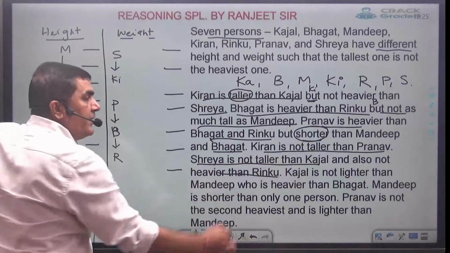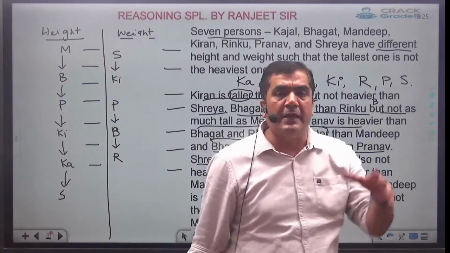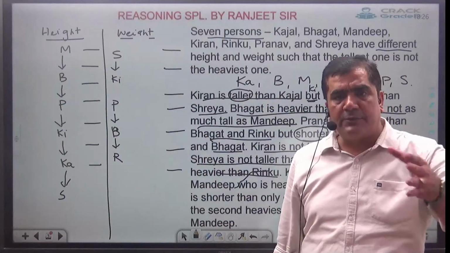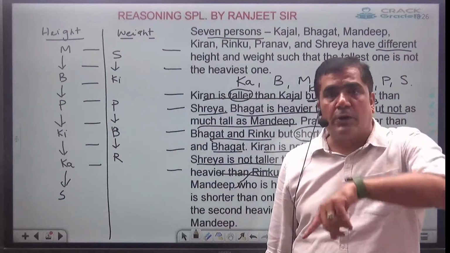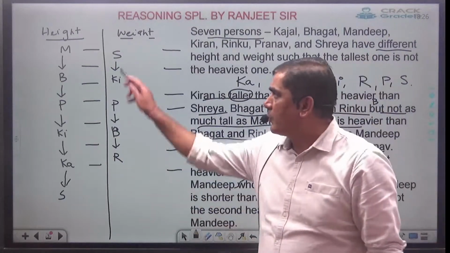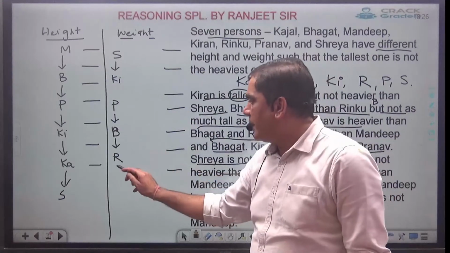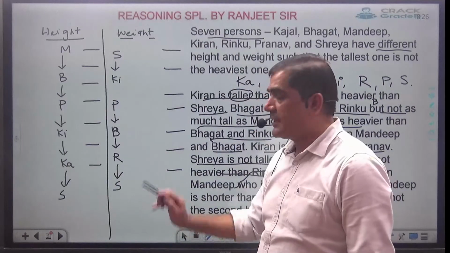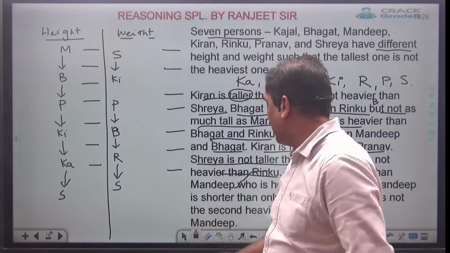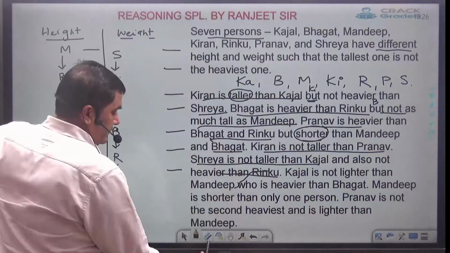Shreya is not heavier than Rinku means Shreya must be lighter than Rinku. Lighter means below. So Shreya should be below Rinku over here. See, below Rinku has to be Shreya. R stands for Rinku, so S stands for Shreya. Shreya is below. Next one.